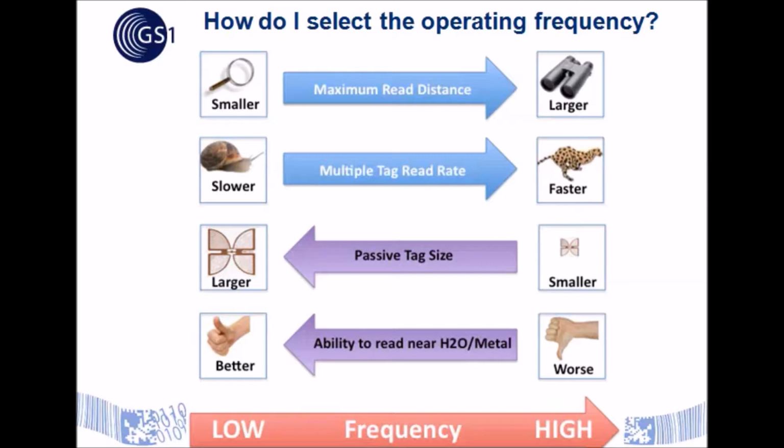Most application types, for example, warehouse management, have a common set of requirements and are therefore associated with specific frequencies. You should finally also factor in under which conditions your system will operate, as higher frequencies are more subject to interference and problems with materials such as liquid or metals.